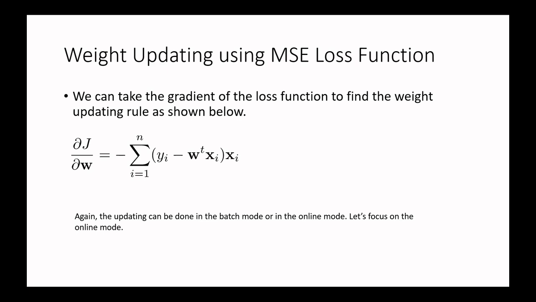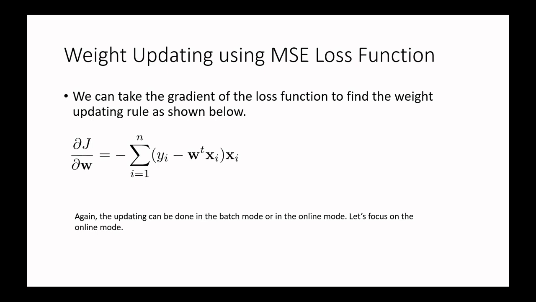In certain situations, batch mode is fine. You can work with it, especially if the number of examples is not too many. But typically what people like to do is what we call online mode or incremental mode. That is, you look at one example, get the error, make the correction, get the next example, get the error, make the correction, and so on and so forth.